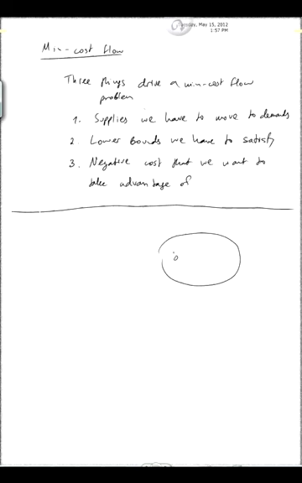So maybe here's S, and here's T, and we have some edges in between with some lengths on them. But the only tool that you have available is a small machine that solves min-cost flow problems. And the question is, how would you solve the shortest path problem using min-cost flow?